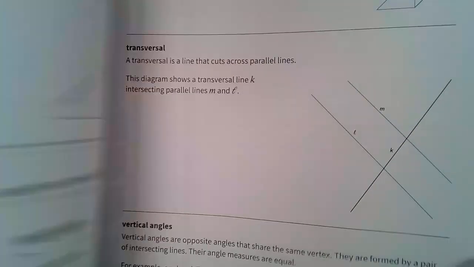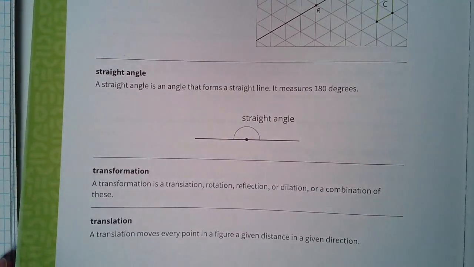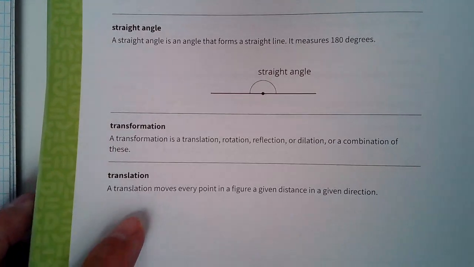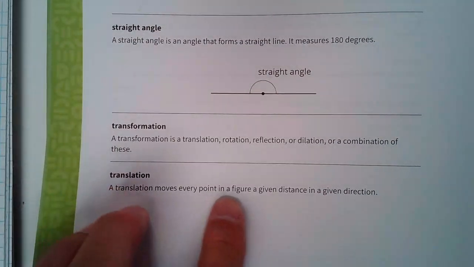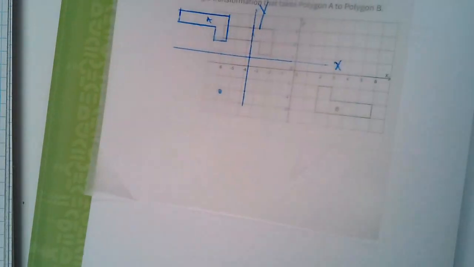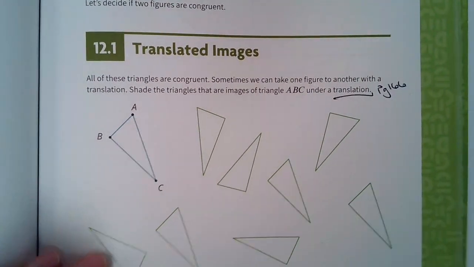If you turn to page 166, at the very back of your book, there is a glossary of terms. At the bottom of page 166, the translation moves every point in a figure a given distance in a given direction.